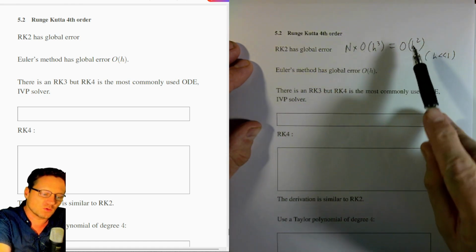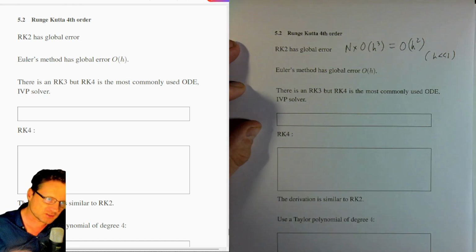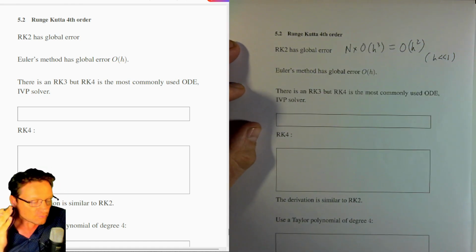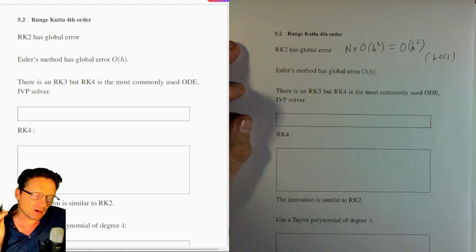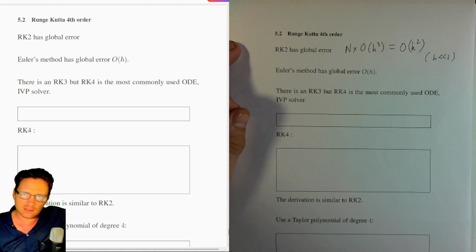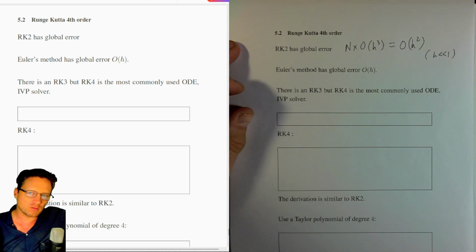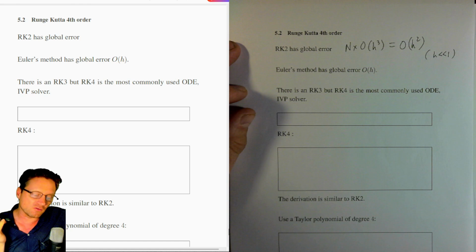So our errors will be smaller there than in Euler's method. There's an RK3, but RK4 is the most commonly used ODE IVP solver. So in other words, initial value problem differential equation solver.